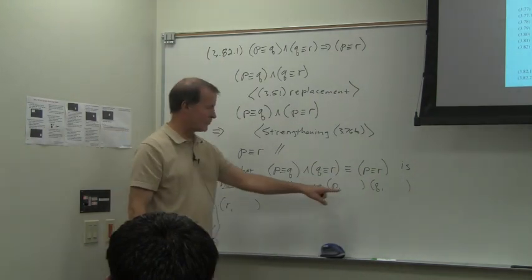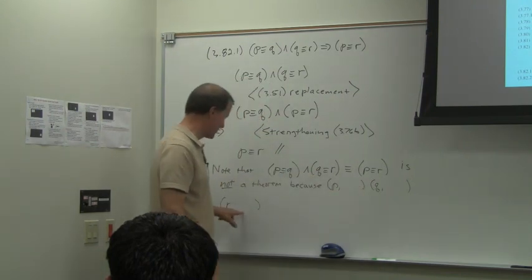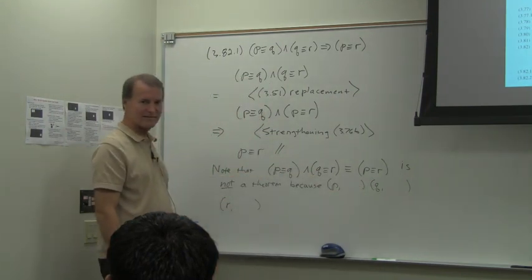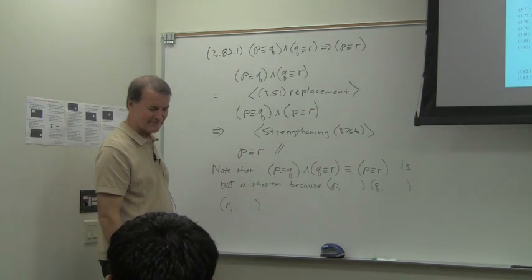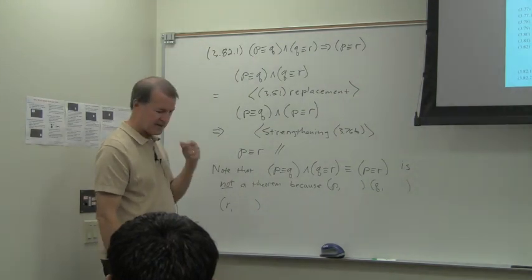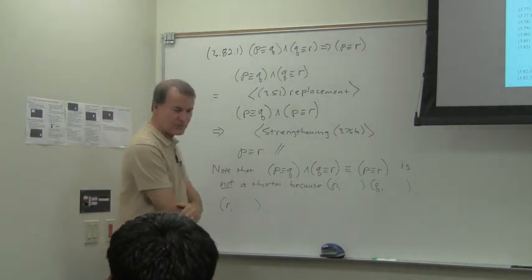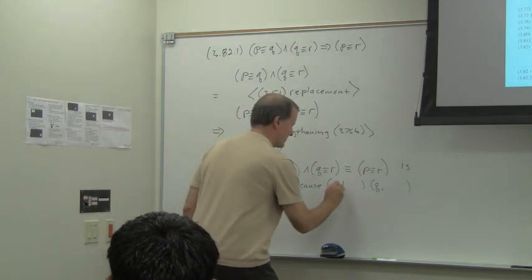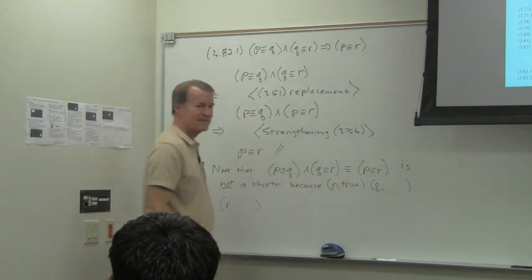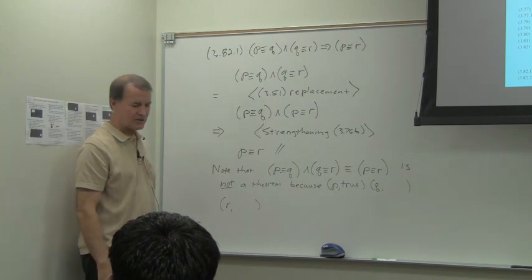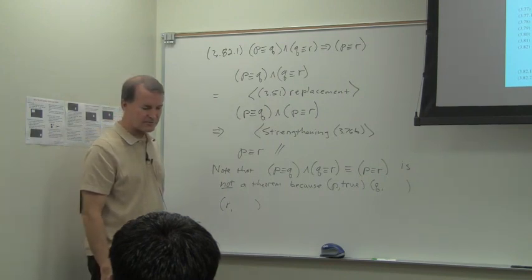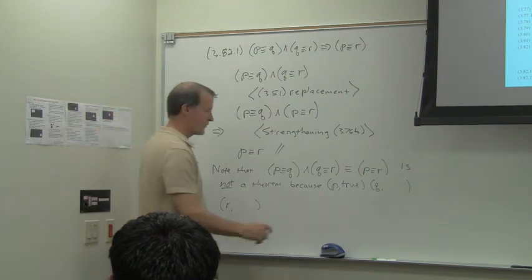Can you put in a true or false here, here, and here that makes this not true? So if P is true, Q is false, and R is true.